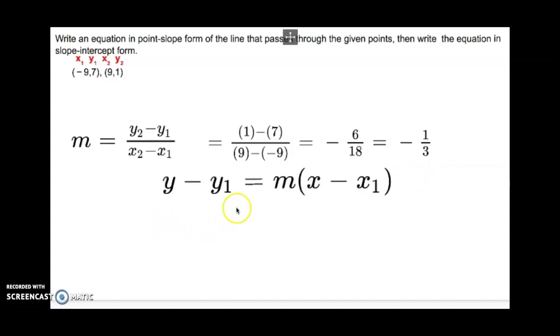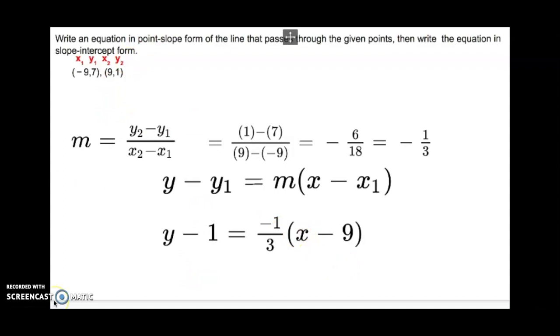So the slope is negative 1/3. So now we're going to put our slope and either negative 9, 7 or 9, 1 in for x1 and y1. I'm going to choose the second pair only because there's no negatives in there. So then I'll have y minus 1 equals negative 1/3 times x minus 9. Change the signs. 1 is y, 9 is x.